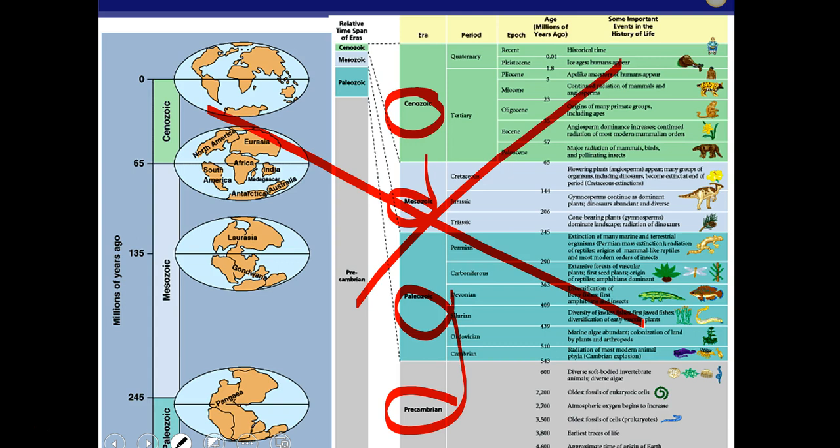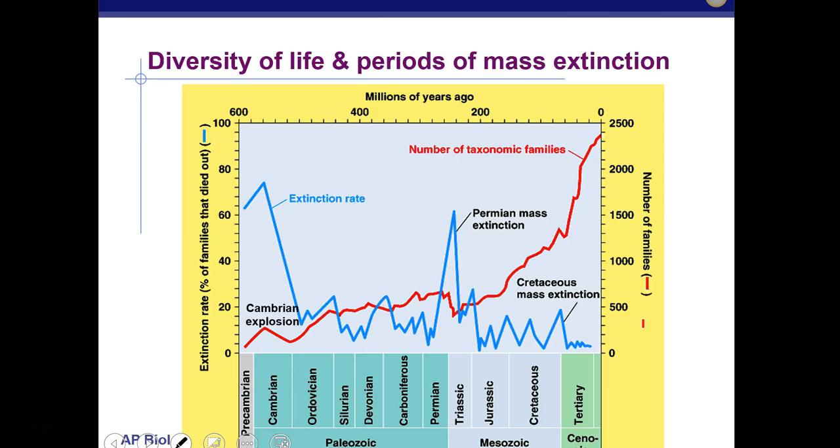But if you know how to read a graph and a data table, you will be just fine. If they were to give you this graph, can you read it? You don't have to memorize anything about it, but if you can read the graph, you are fine.